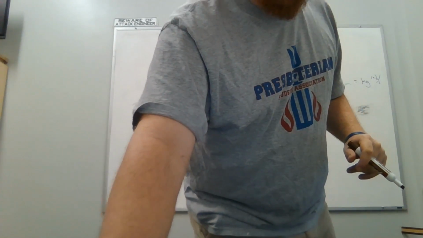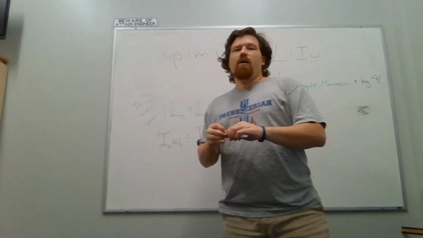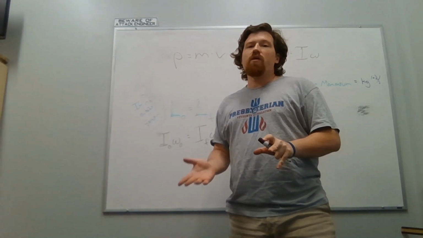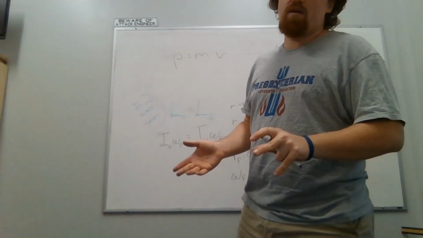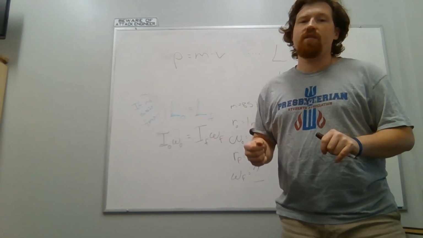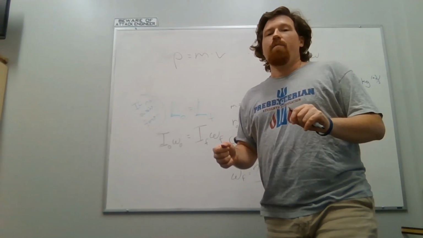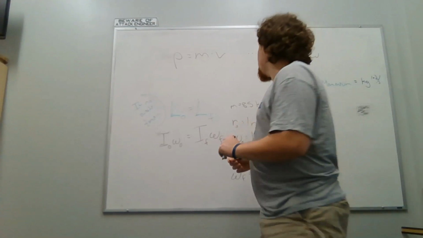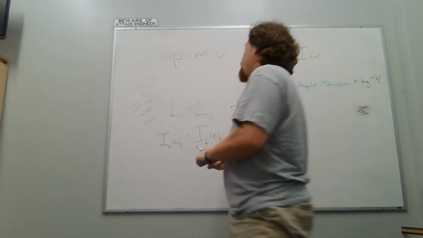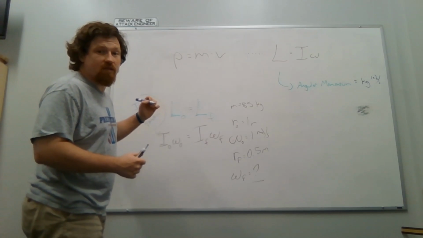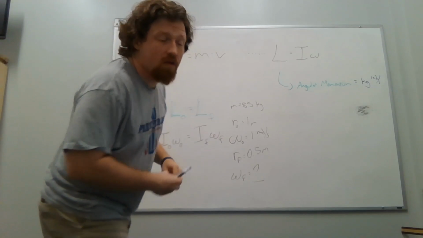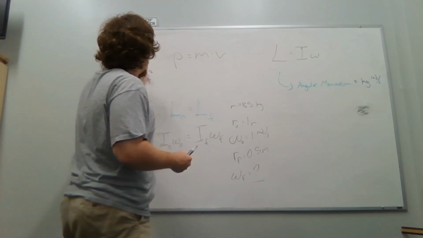Now if you move on to the next slide, slide 20, I put the chart in again a little bit bigger, and for the sake of simplicity, we're going to assume that the person spinning on this chair is most similar to the solid cylinder or disc. That is the middle entry on the left. And that entry says that the moment of inertia for a solid cylinder or disc spinning about its central lengthwise axis is equal to 1/2 times its mass times its radius squared.